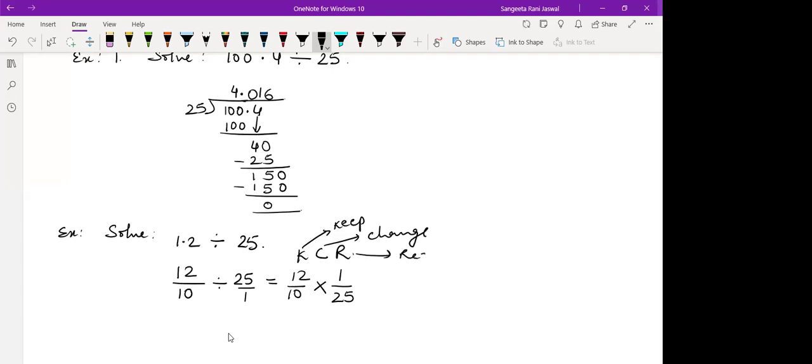This is a small memory tip just for you to remember. KCR: keep, change, reciprocal. Keep the first number as it is, change the sign and R for reciprocal of the divisor. Now this can be written as 12 by 250. Now we can divide this. Yes, let's do.